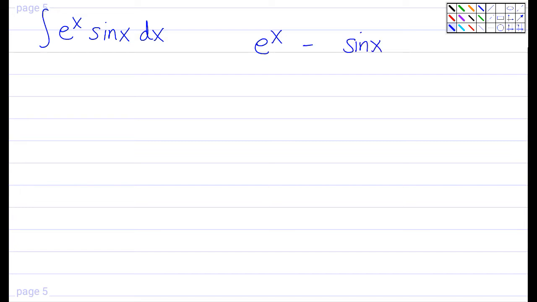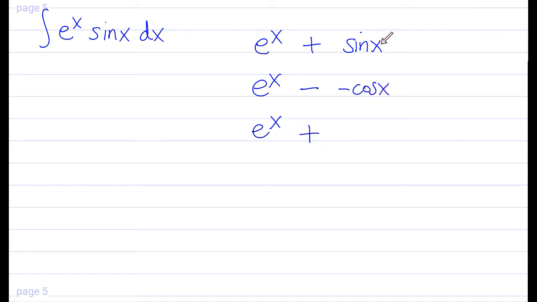And as usual, a plus sign in the middle, and I'll alternate plus, minus, plus. In the left-hand column I take derivatives: e to the x, e to the x. In the right-hand column, I'm integrating. What is the integral of sine of x? Well, that's just minus cosine of x. Just got to be careful and straighten your mind, right?